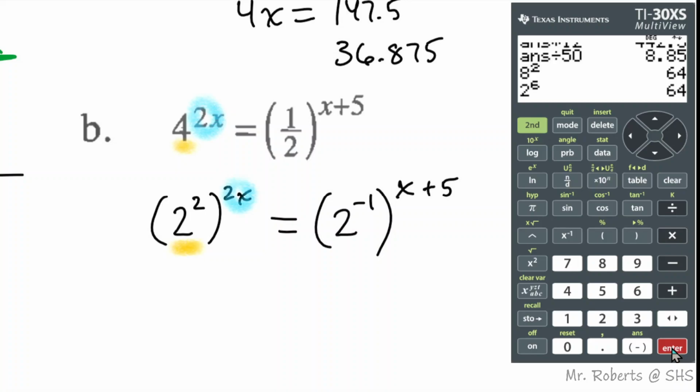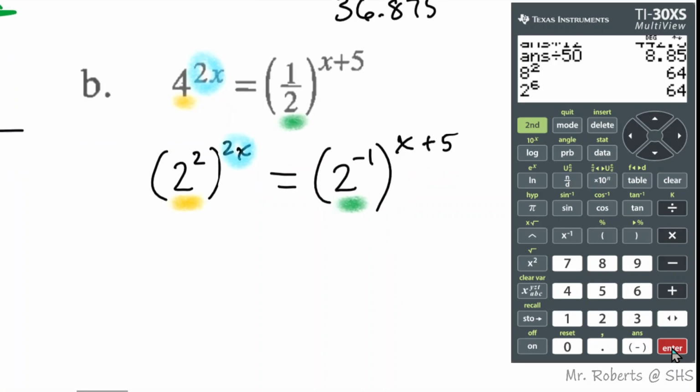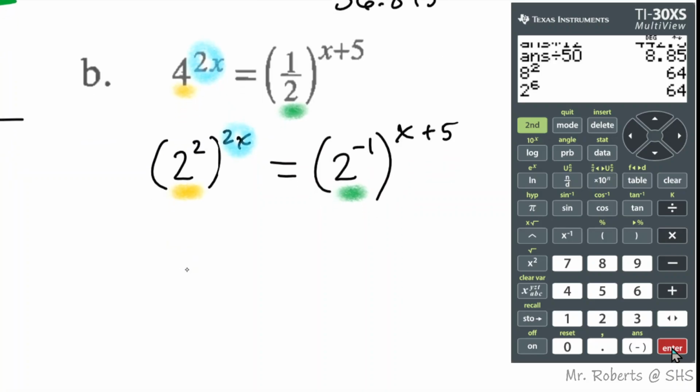So when you look at this, 2 to the negative 1 is the number 1/2. Now, raising the power to the power, on this left-hand side, this is going to become 2 raised to the 4x. All I did was multiply 2 times 2x. And on the other side, it's going to become 2 to the negative x minus 5.